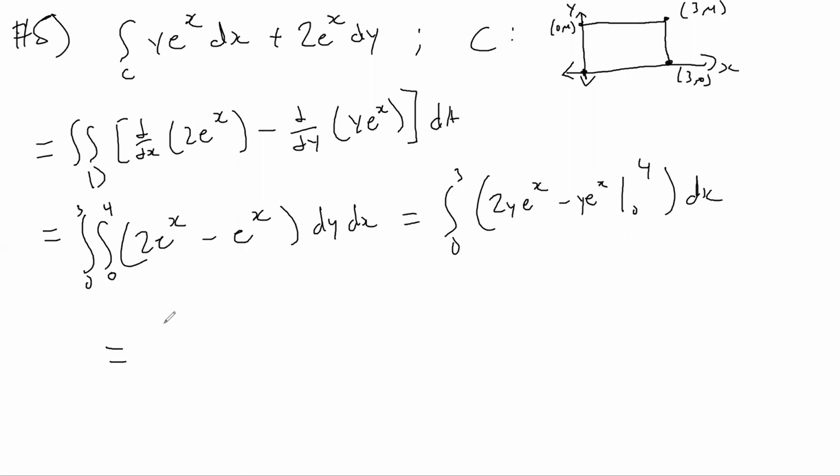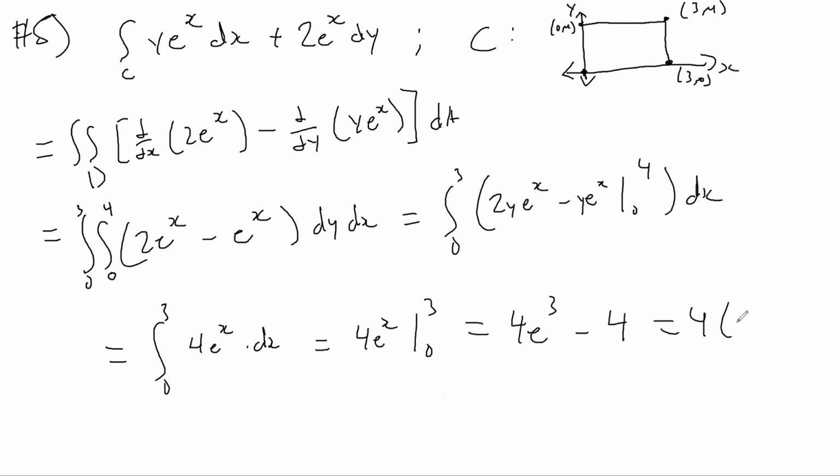That's going to give us the integral from 0 to 3 of 8 minus 4, so we have 4 e to the x dx, which is going to give us the same thing, 4 e to the x, from 0 to 3. Okay, so we have basically 4 e to the 3 minus 4, and I can simplify that to 4(e cubed minus 1). All right, so that was number 5.